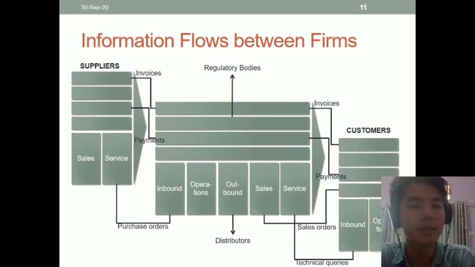Suppliers, including sales and service, invoice payments, purchase orders to regulatory bodies, service purchase orders to inbound, and regulatory bodies outbound to the distributors. And regulatory bodies invoices, payments, sales orders, and technical queries go to customers.